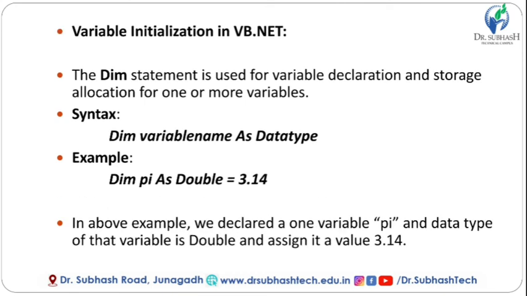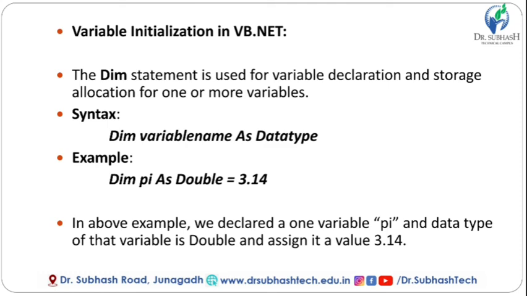So this is the syntax for declaring a variable in VB.NET. Now after declaration, initialization of the variable is required. There is some difference between declaration and initialization. In previous languages like C and C++, variable declaration means that you give a space to a particular variable name. Means ABC is allocated some space.